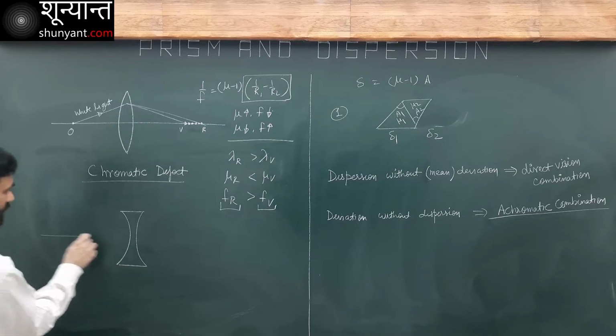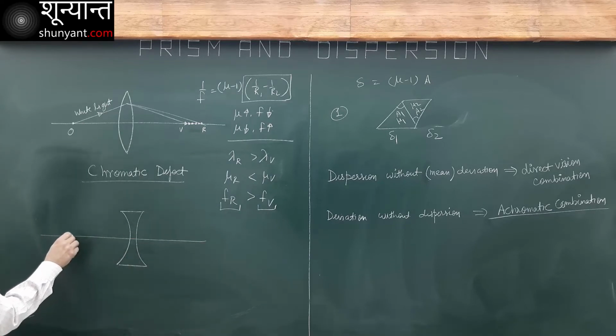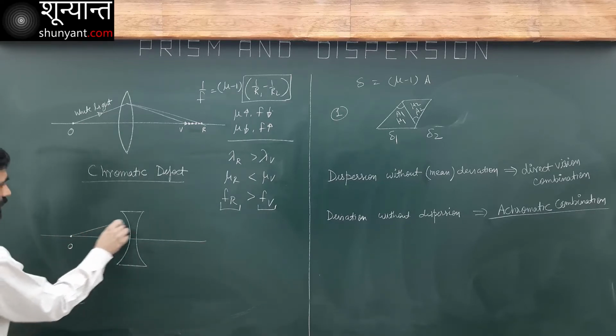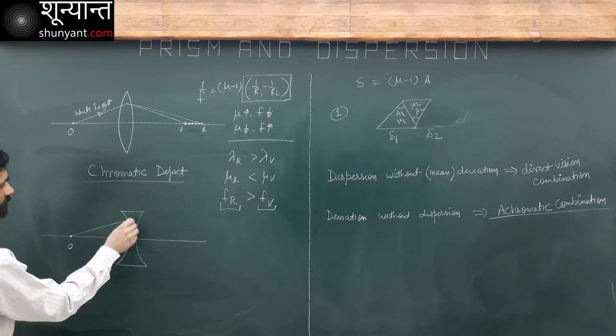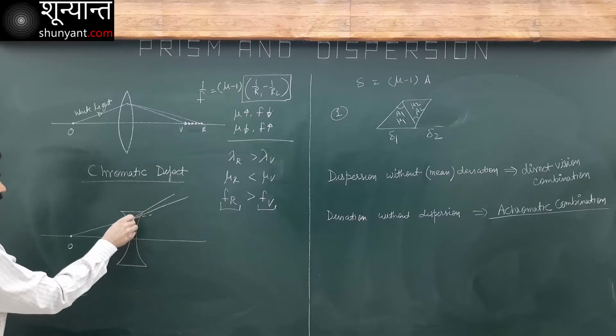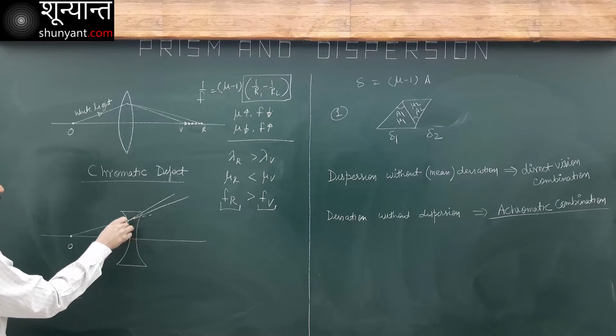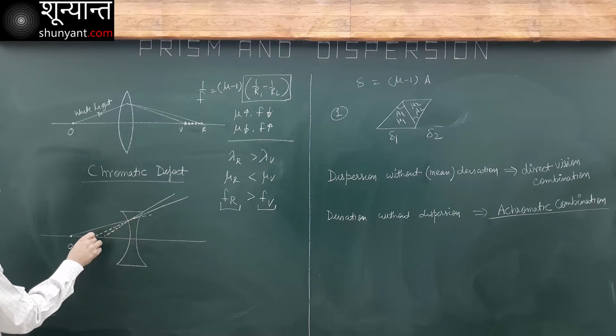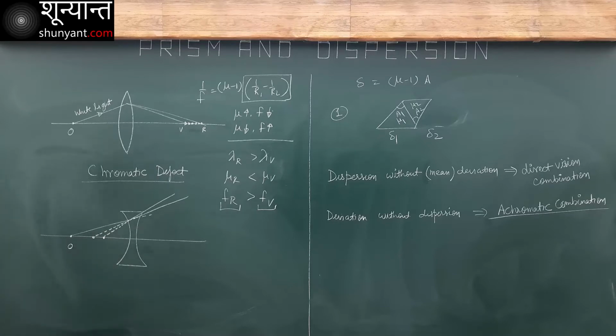This is my white color, this is my object here. And this is how the colors are going to be separated at different points. That's how I am going to get my image.